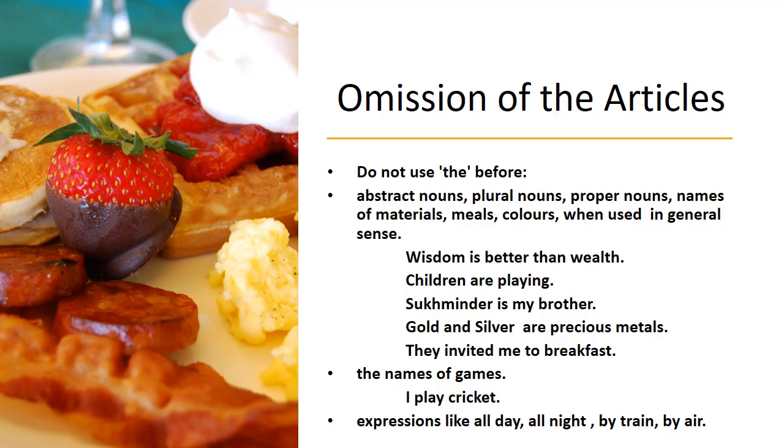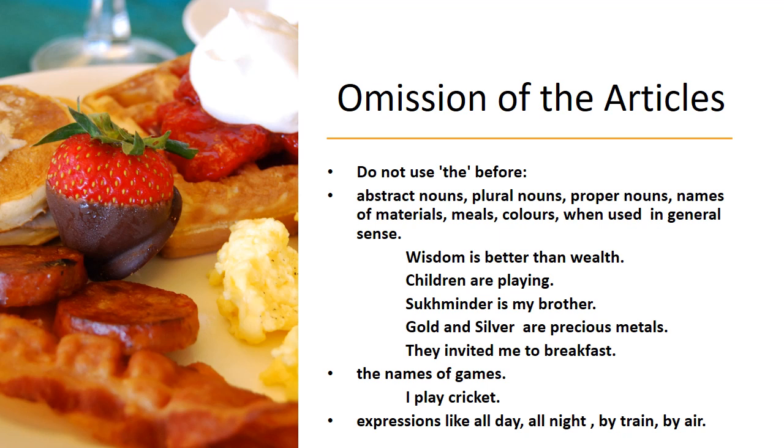Now students, in this slide, we are going to study about omission of the articles, where we do not need to use any article. Do not use the before abstract nouns, plural nouns, proper nouns, names of materials, meals, colors when used in general sense.